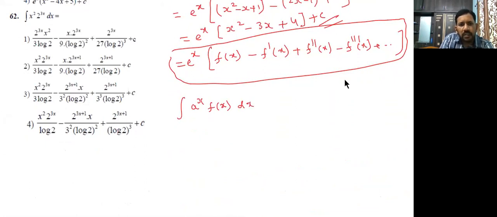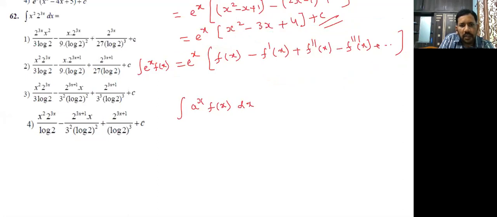The previous problem was integration e power x f of x dx. Now here integration a power x f of x dx, how to write?